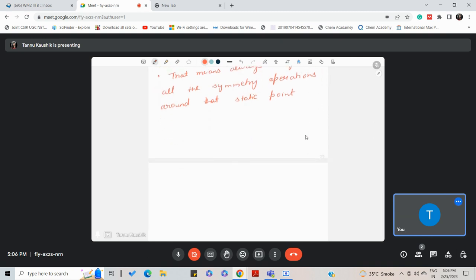So the symmetry operations of a group are associated with four rules. And what are these four rules?